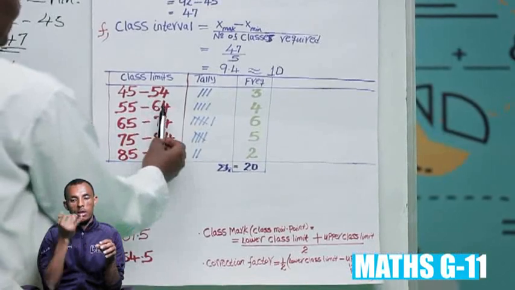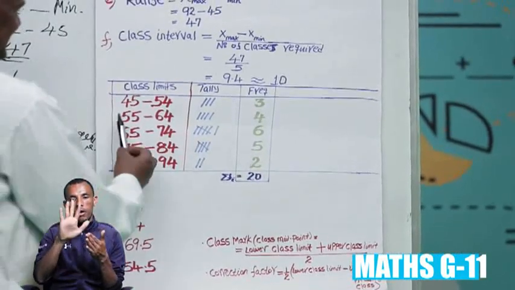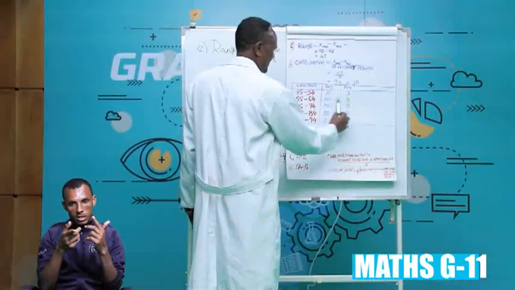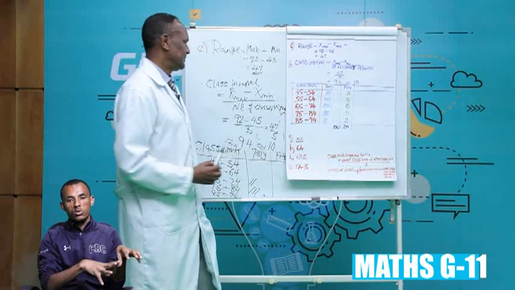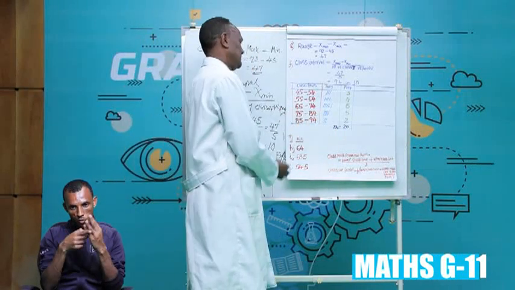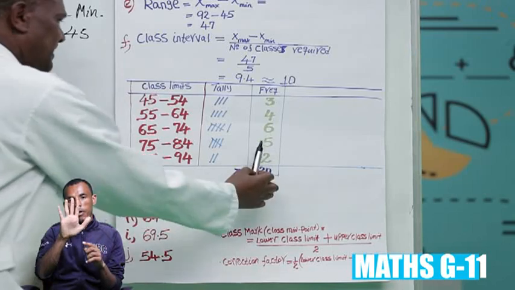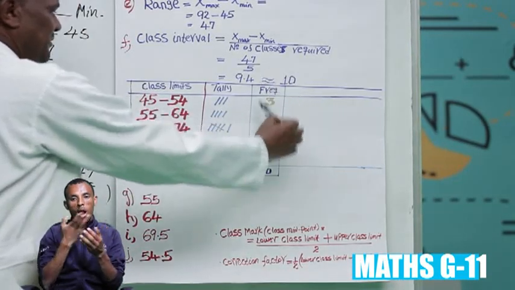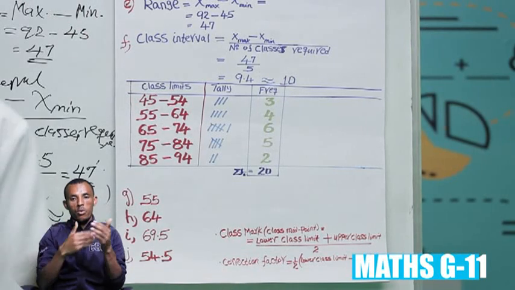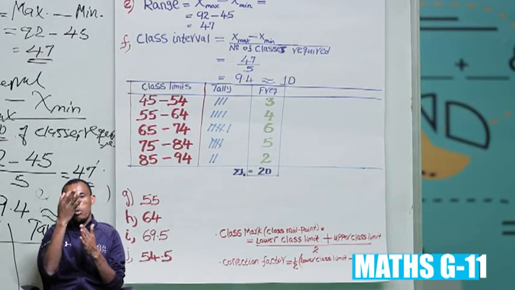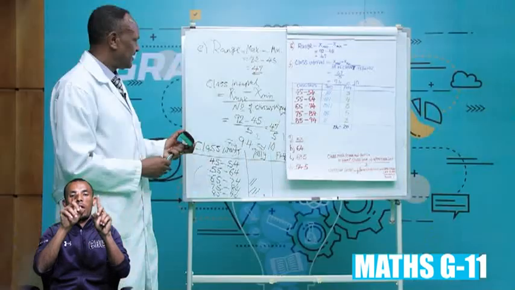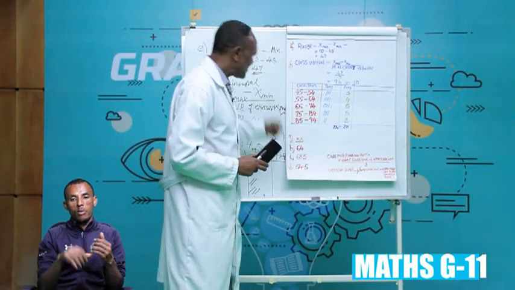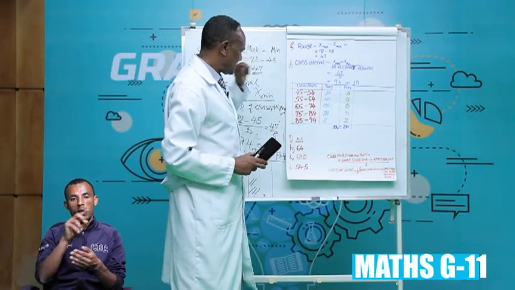From 55 to 64, we have the second class, in which there are 4 students. In the fourth class, from 75 to 84, there are 5 students. When these frequencies are added up, you get 20, the number of students who took the examination.